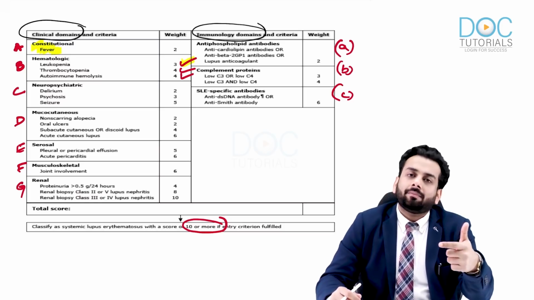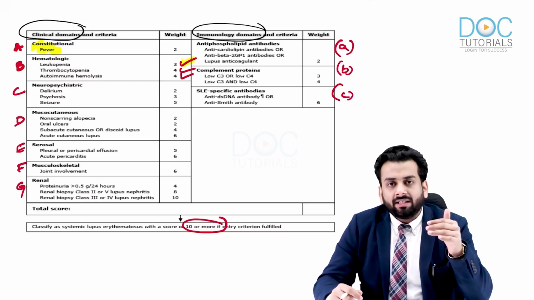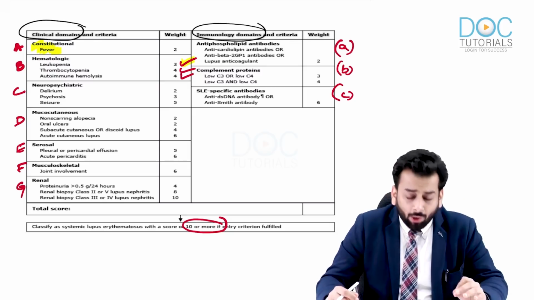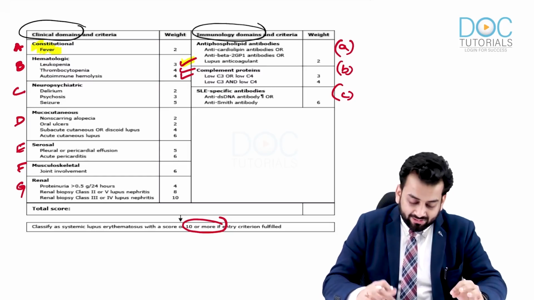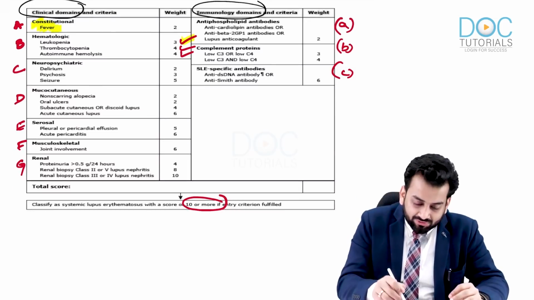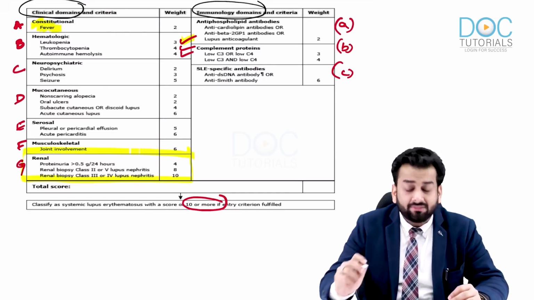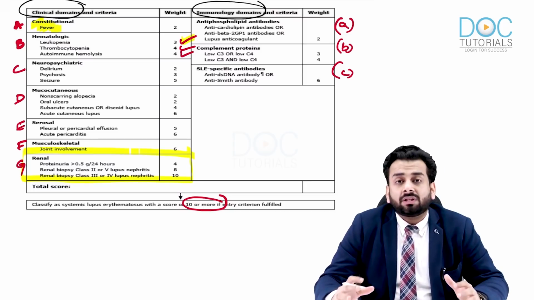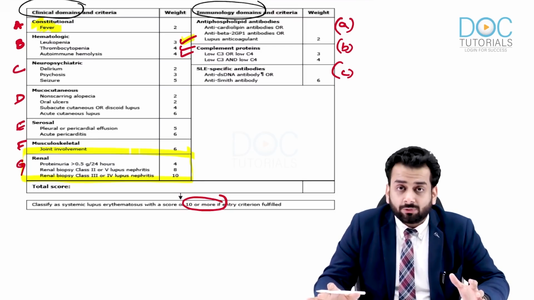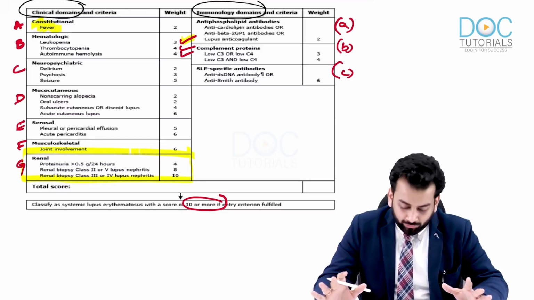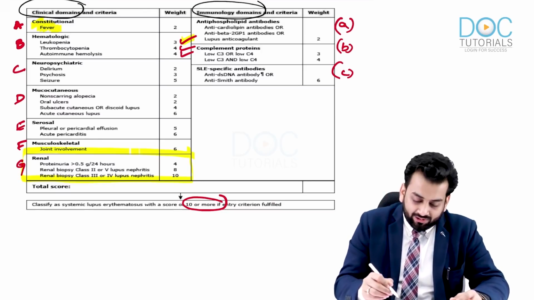You will only take 4 into account, because under each domain, you will only take the highest pointed category. Now, very, very important, for the very first time, the renal involvement, which is of the most concern to us, has been subclassified into biopsy types. If a patient only has more than 500 milligram proteinuria, he will have a point weightage of 4.